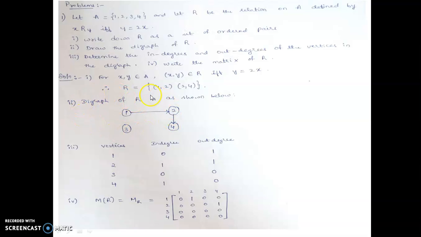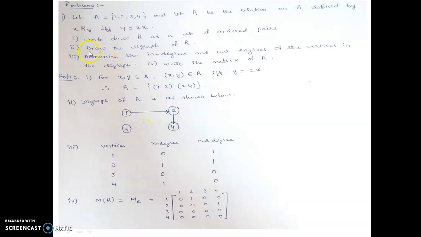To draw the diagram of this, we need to consider there are 4 elements in the set, 1, 2, 3, 4. Based on this, we have to draw the diagram. There is a directed edge from 1 to 2, and 2 to 4. So this is our diagram, and we have one vertex which is nowhere concerned in this diagram, but still we have to draw it, and it is called an isolated vertex.